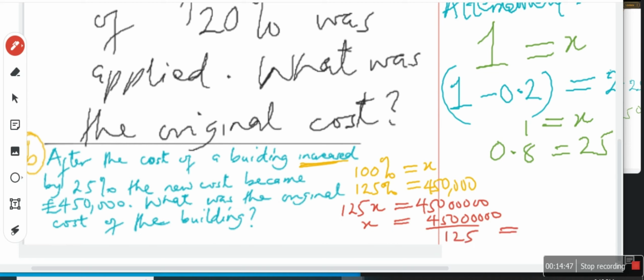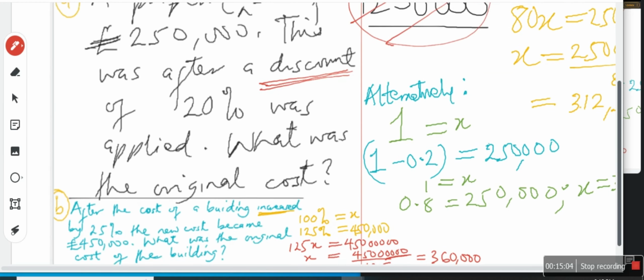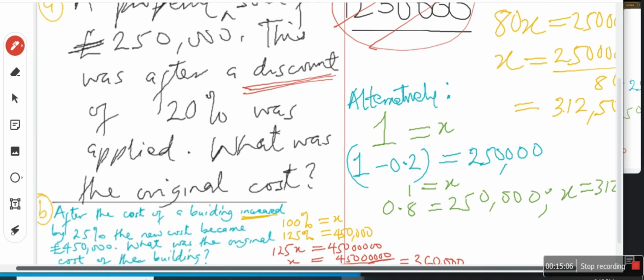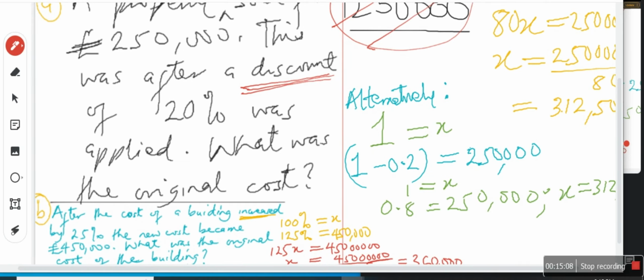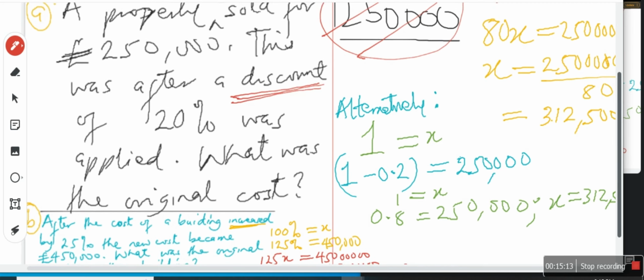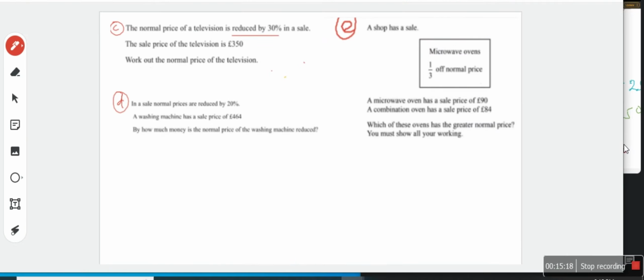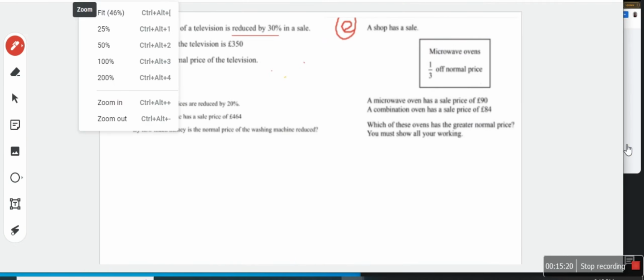Okay, what did you say you got? 360,000. All right, take note of this. They made two methods. Take note of this. All right, so let's go to the next page.